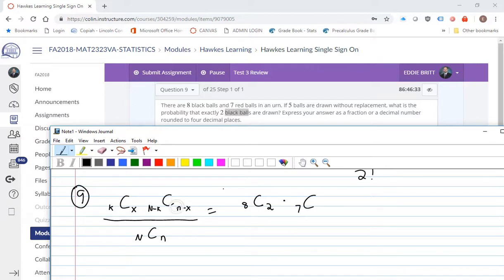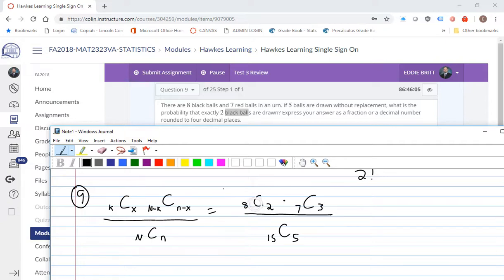So it's 5 minus 2, or 3, divided by, and then we're going to divide by the combination, the total number of balls, that's 15C, and then again, little n is how many we're going to draw out total, 5.